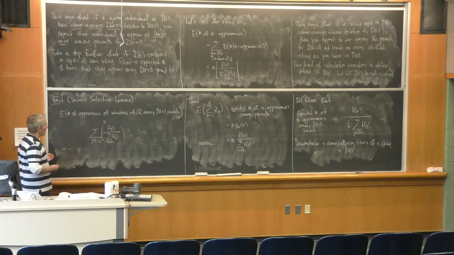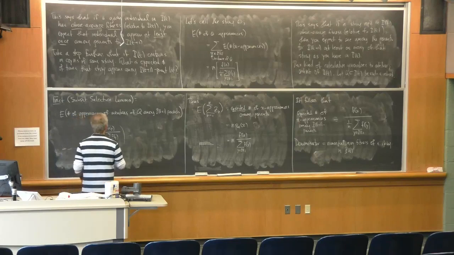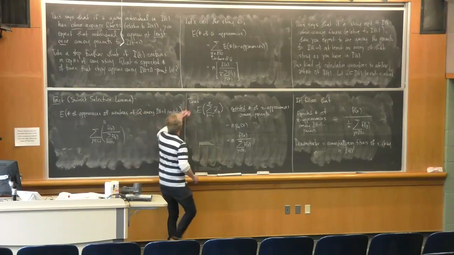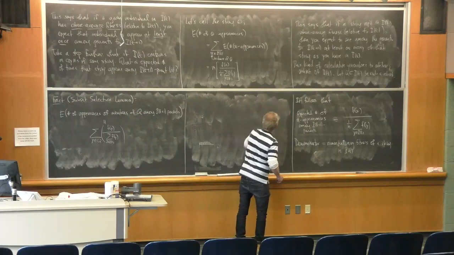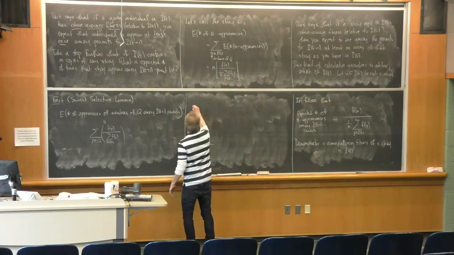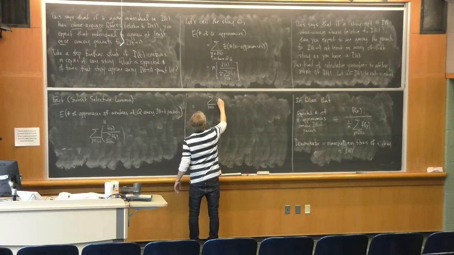Now, you play around with this a little bit, and this is what comes up here. Let's continue this equality. In the numerator, you're going to have the sum over y in Q of f of y.